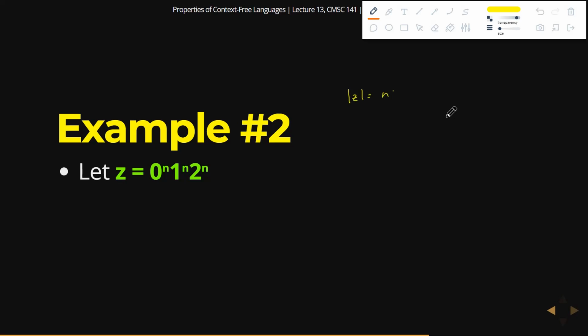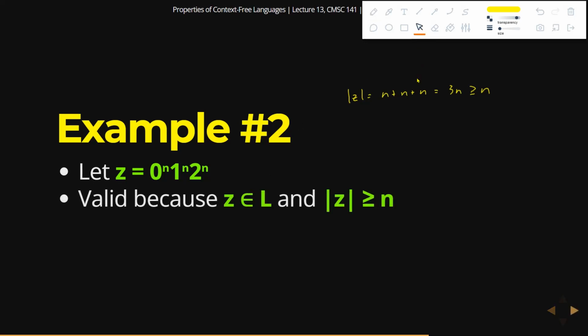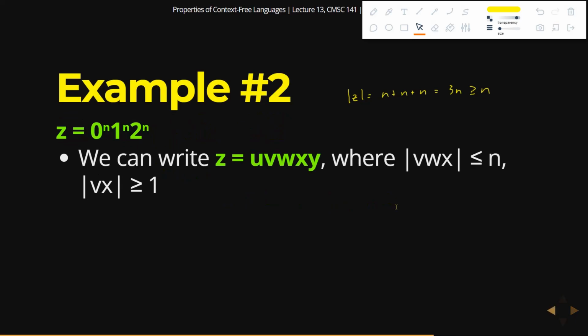The length of z is n plus n plus n, which is 3n, which is greater than or equal to n, right? And it's also part of the language because of course it follows the 0m, 1m, 2m pattern.